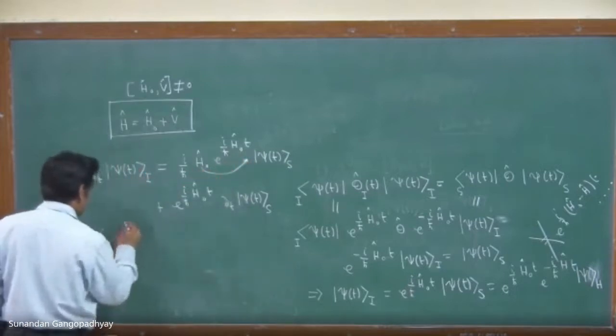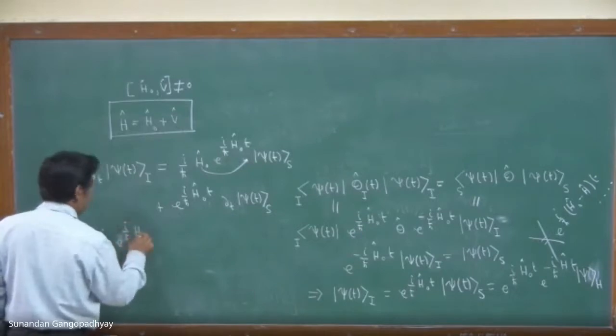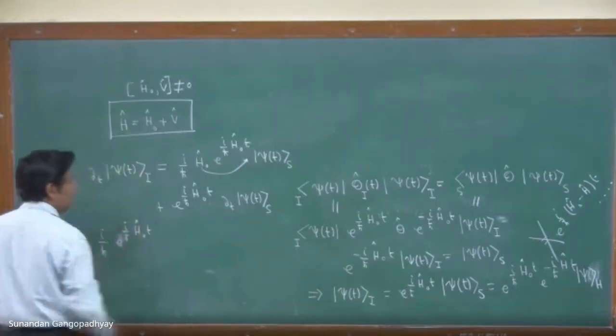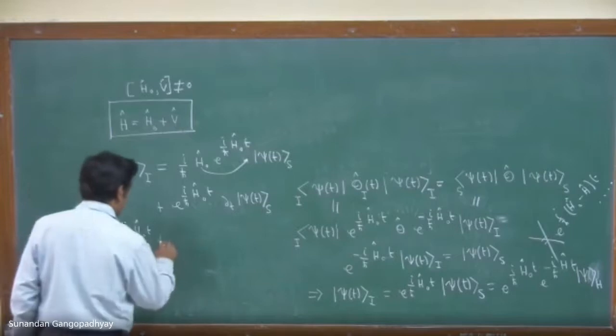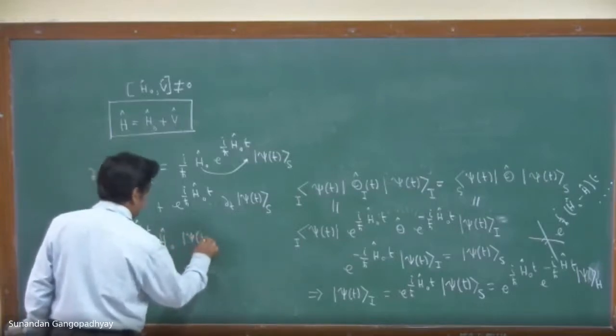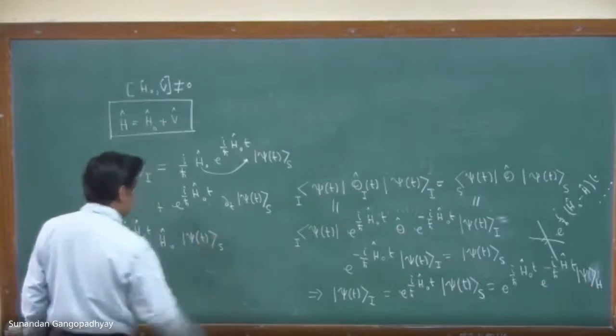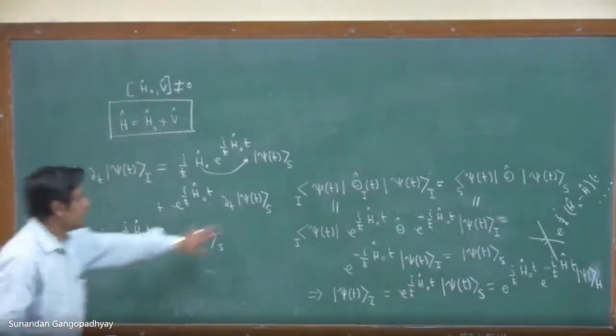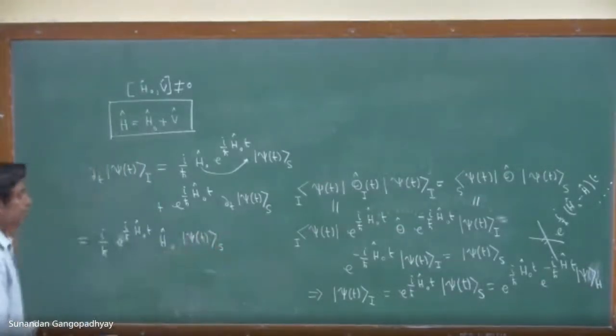Therefore, I can write e to the power of i by H bar H hat naught t, and here I apply the Schrodinger time-dependent equation.